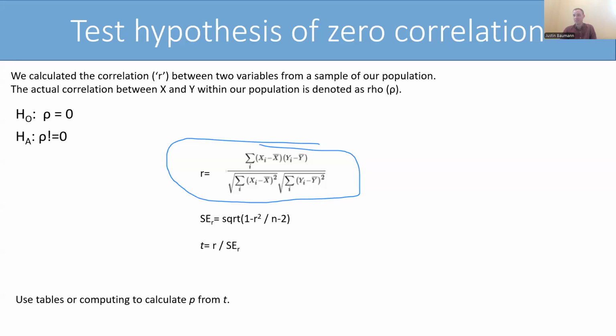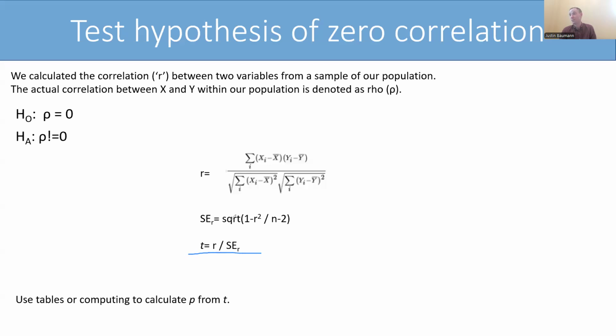Then we need to calculate our standard error, which we know how to do. It's the square root of 1 minus r squared, divided by n minus 2. Notably, in this case for correlation, we use n minus 2 because we're trying to be even more conservative with our estimate than we would if we were doing a t-test. And then you are doing a simple t-test.